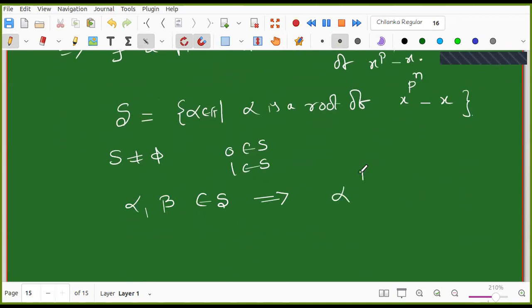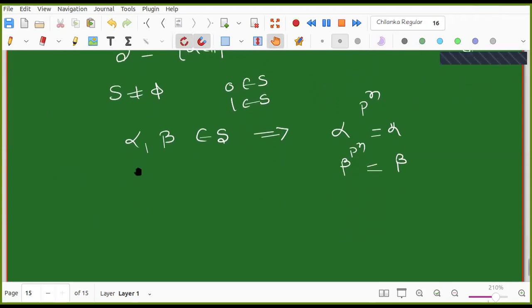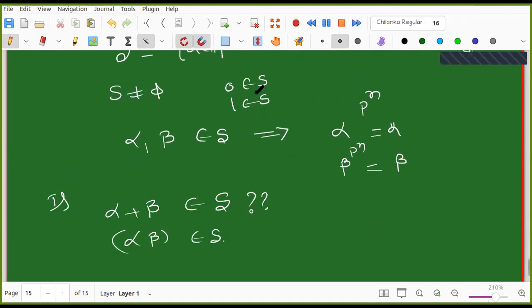So alpha^(p^n) = alpha and beta^(p^n) = beta. Now, can you guess what my next question is? Is alpha plus beta in S? Is alpha times beta in S? This is the question, right?